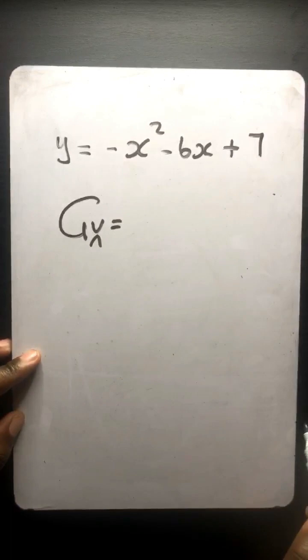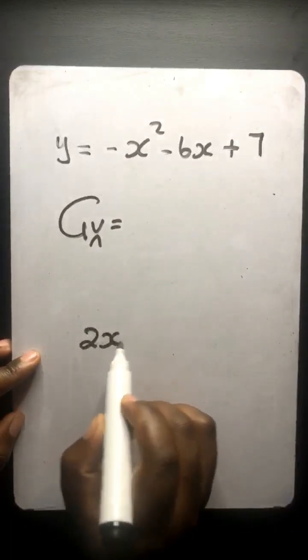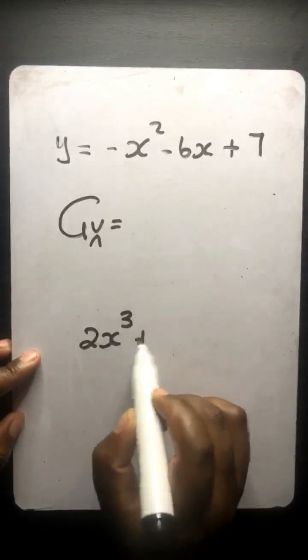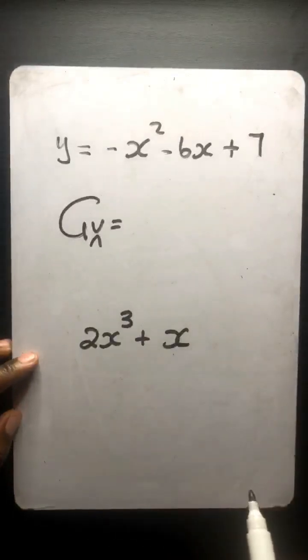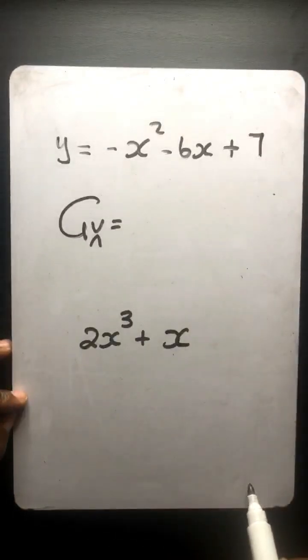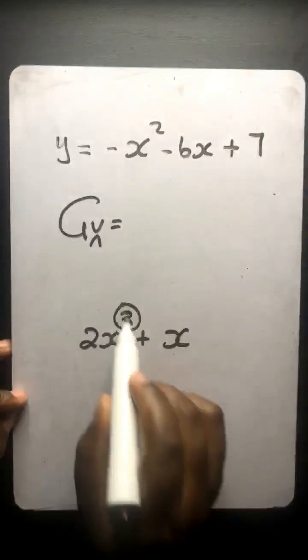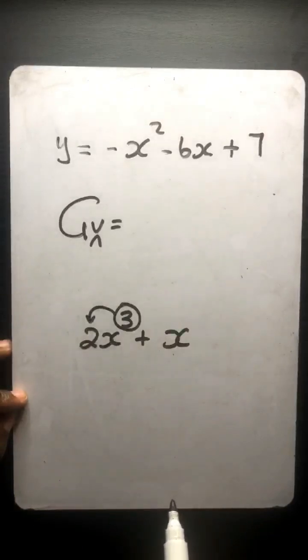So how does differentiation work? If you have, let's say, 3x to the exponent 2, what they say is you multiply the power by that coefficient.